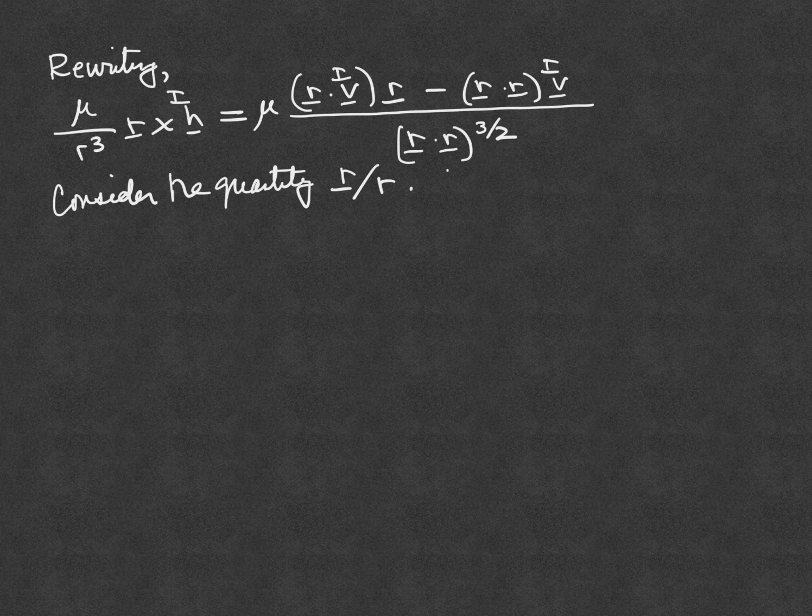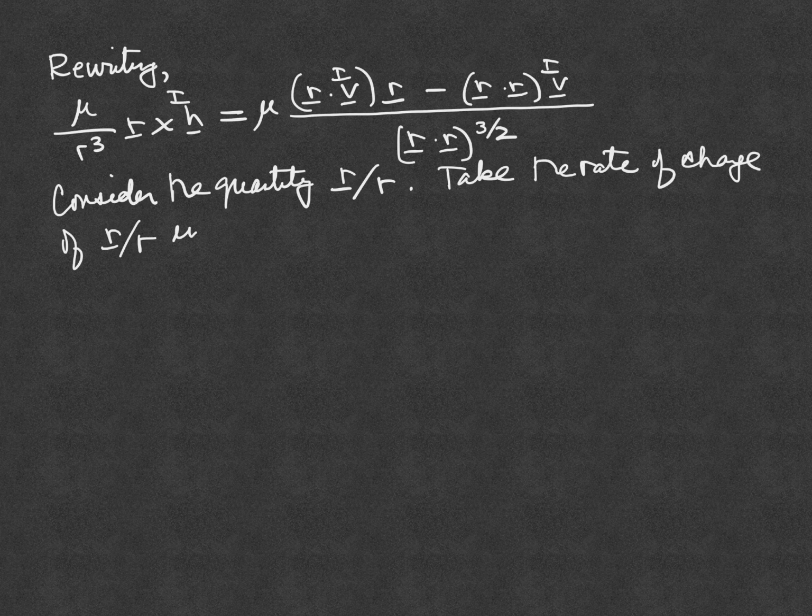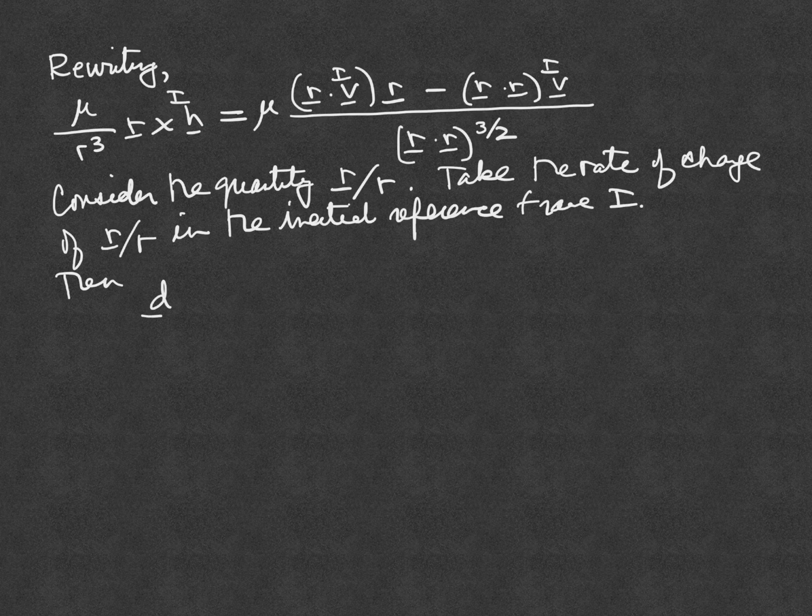And we're going to take the rate of change of the position divided by the radius in the inertial frame I. So what do we get when we do that? d dt in I of r divided by r.